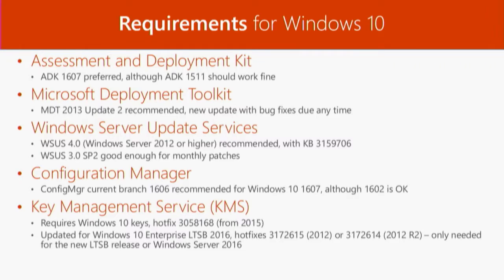You want to be able to use the feature updates to go from, say, 1511 to 1607, and you can only do that if you're using a WSUS version that supports that. That would be WSUS 4.0 with a hotfix applied, or if you're running Windows Server 2016, the built-in WSUS on Server 2016, which would be considered WSUS 5.0, fully supports that as well.